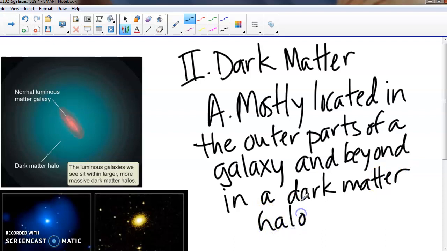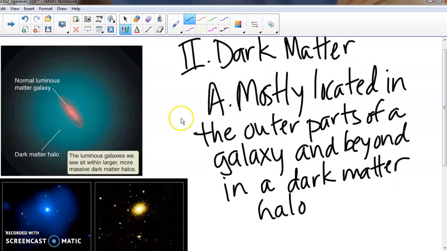So the halo is, as you can see in the picture here, this big area around what we can see. The red part is just that spiral galaxy, but we think that there is matter, dark matter, way out, causing these flat rotation curves that go way beyond what we can actually see.